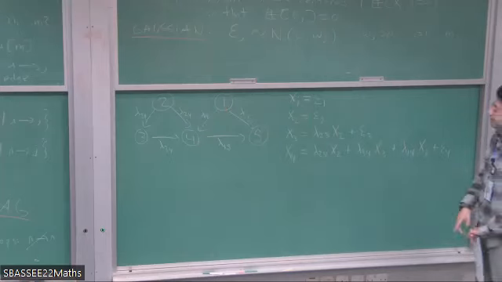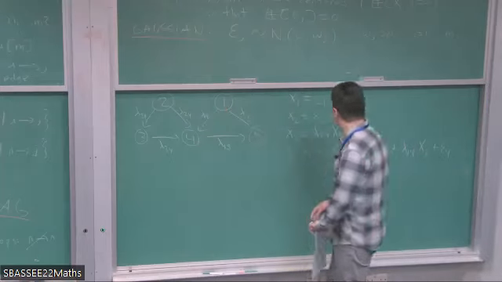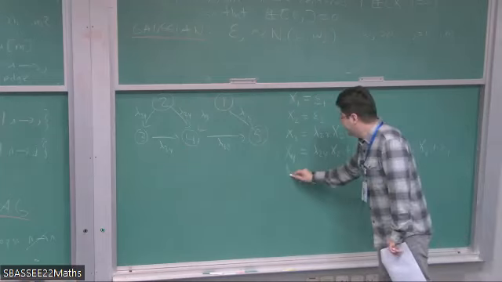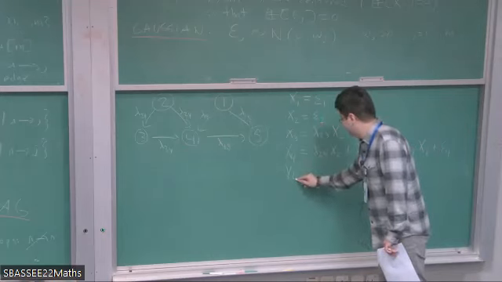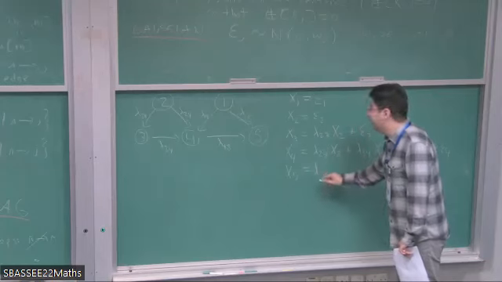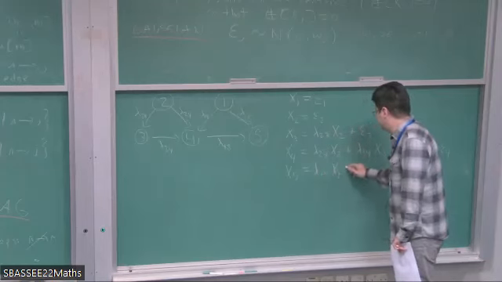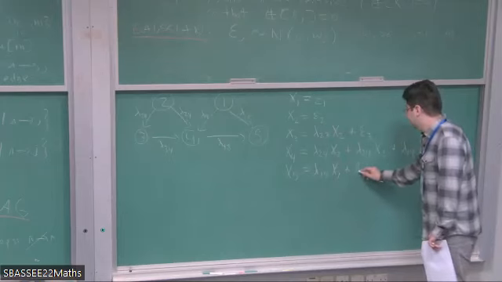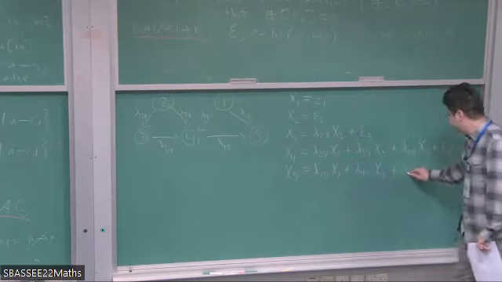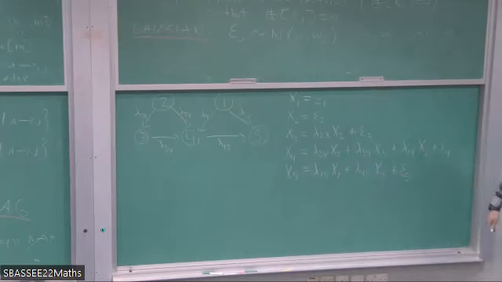Great, so 4 actually has 3 parents. Then all of them should appear, indeed. And then x5 has only 2. So then this will be lambda 1,5 x1 plus lambda 4,5 x4 plus epsilon 5. Okay, very good. I hope everybody now agrees on this equation.